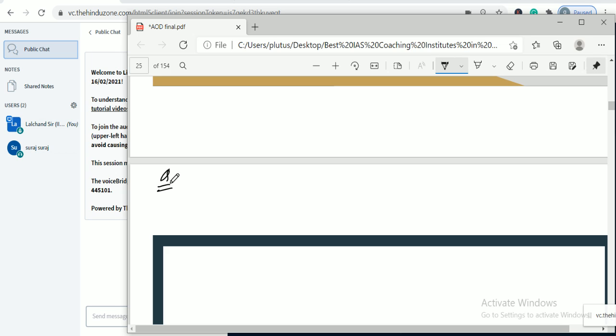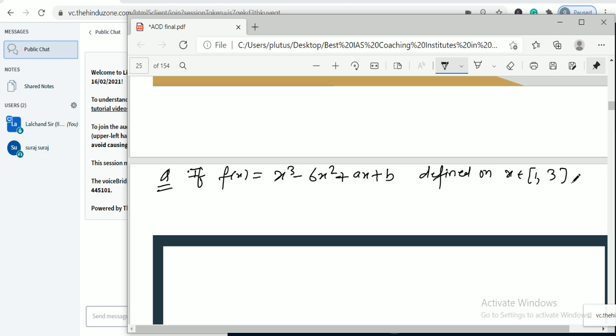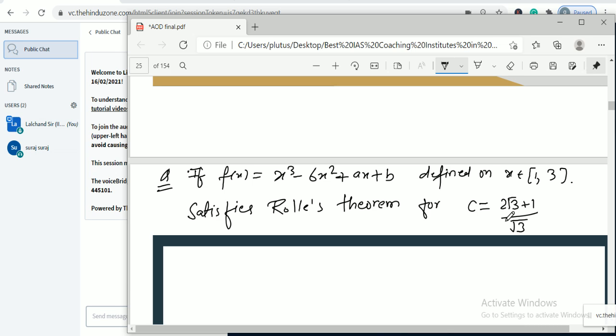Question is, if f(x) equal to x cube minus 6x square plus ax plus b defined on x belongs to 1 to 3 satisfies Rolle's theorem for c equal to 2 root 3 plus 1 by root 3, then find the values of a and b.